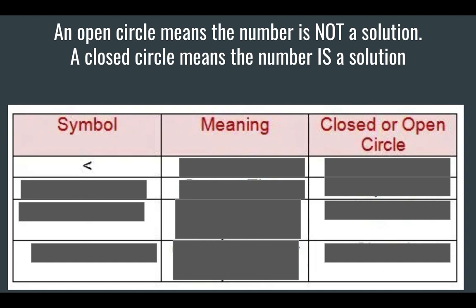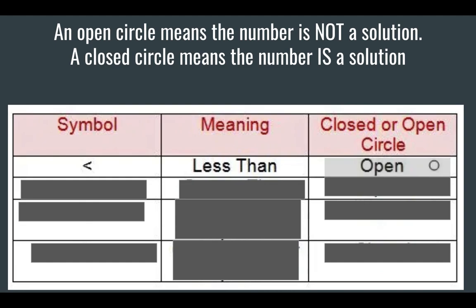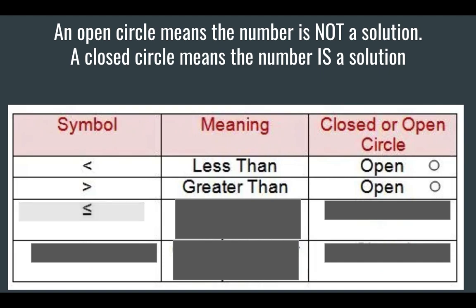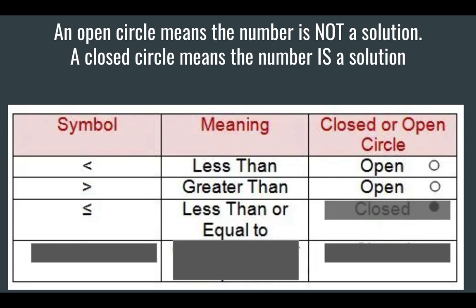Now let's review how to graph inequalities. So an open circle means the number is not a solution. A closed circle means the number is a solution. If we see the less than symbol, we know that we will have an open circle at that number. If we see the greater than symbol, we know that we will have an open circle at that number. If we have a less than or equal to symbol, we know that we'll have a closed circle or a filled in circle at the number on the number line.